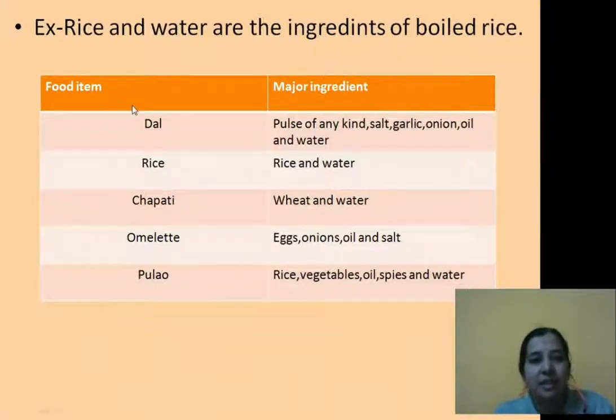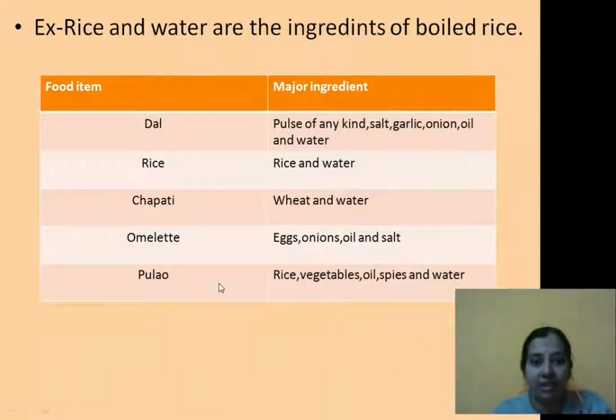So in this particular table you can see, dal, how is it prepared? Pulse of any kind, then you need salt, garlic, onion, oil and water. When it comes to rice, you need rice and water. Chapati, you have wheat and water. Omelette, you need eggs, onions, oil and salt.